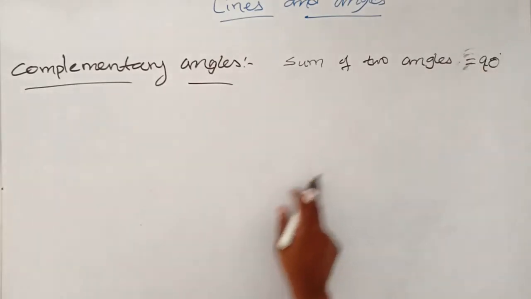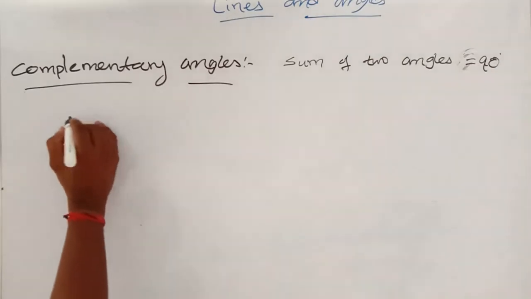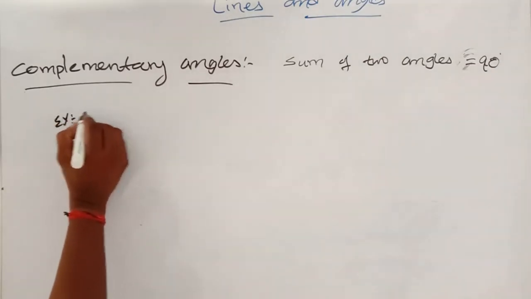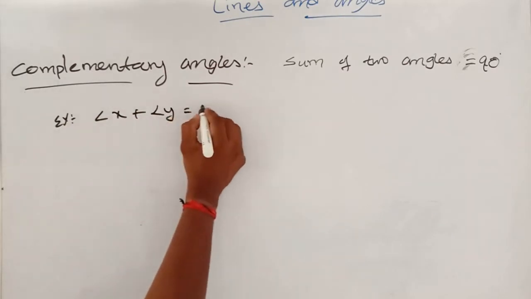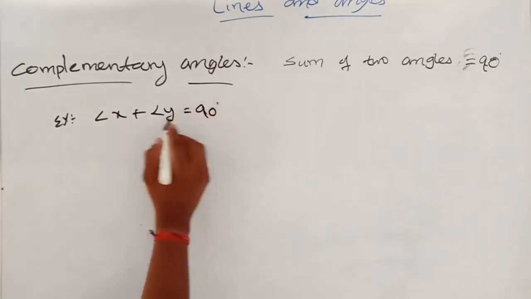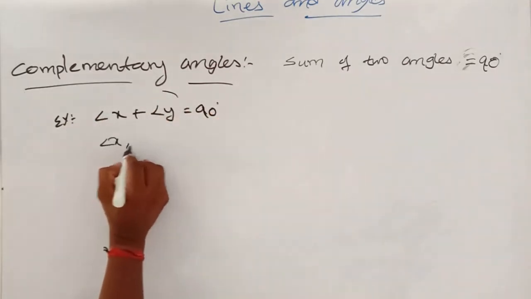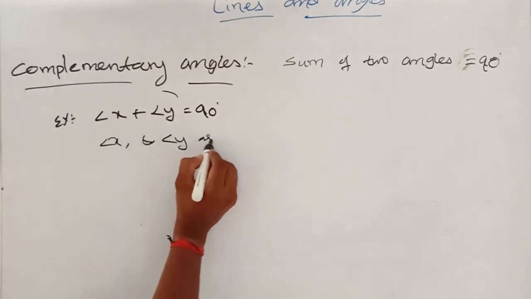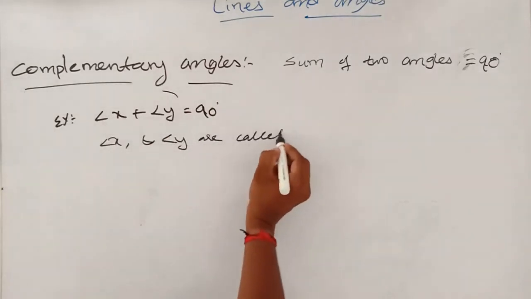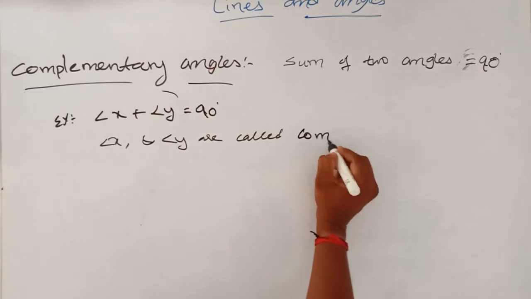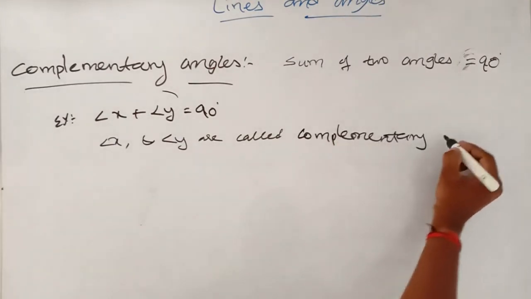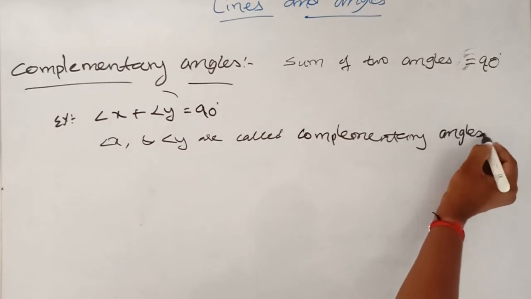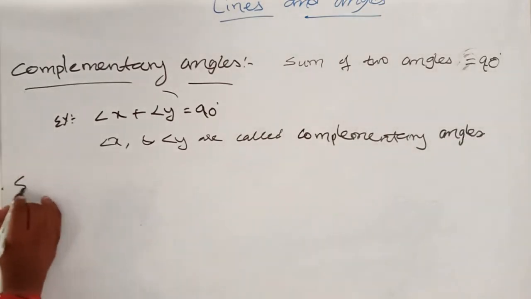Then those angles are called complementary angles. Example, I am taking angle X plus angle Y should be equal to 90 degrees. Then angle X and angle Y are called complementary angles. In the same way, I am taking the supplementary angles.